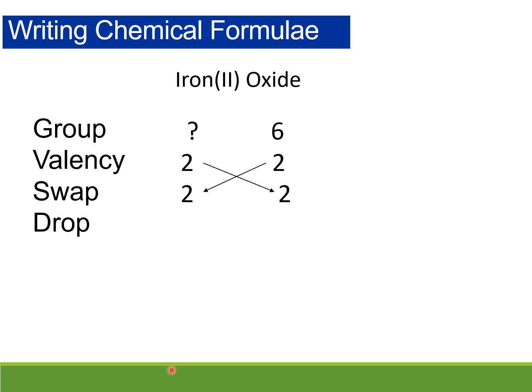This time you'll notice that you have a 2 to 2 ratio, and we can reduce that ratio to 1 to 1. So our formula is not Fe2O2, our lowest whole number ratio is 1 to 1. So in this case, the formula is FeO. So just watch that whenever you swap and drop. Just ask yourself, is that the lowest whole number ratio?